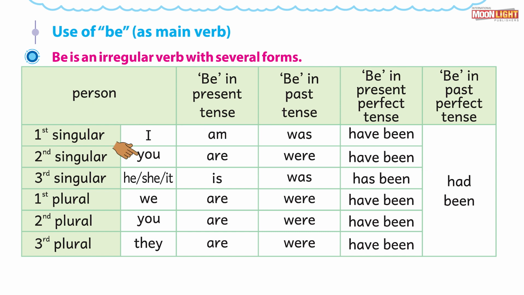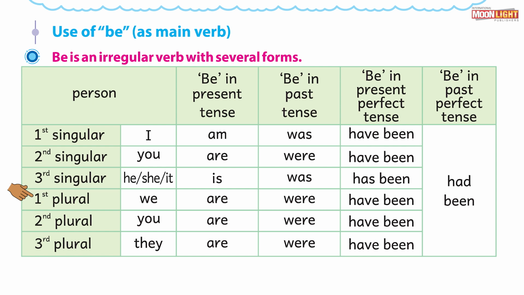Second person singular, you: are, were, have been and had been. Third person singular, he, she, it: is, was, has been and had been. Now it's time to move towards our plural personal pronouns.